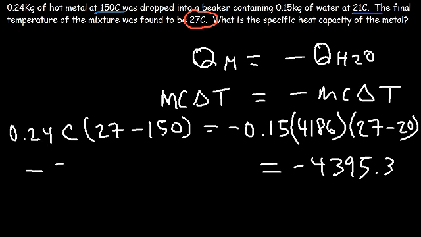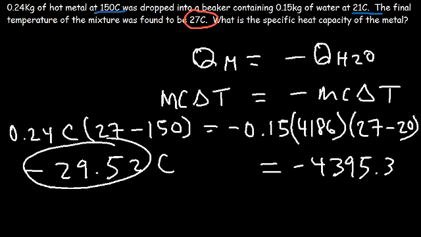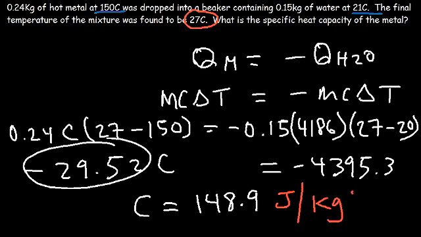That's going to be negative 29.52 times C. So now let's divide both sides by this number. Negative 4,395.3 divided by negative 29.52. You should get a specific heat capacity of 148.9 joules per kilogram per Celsius.